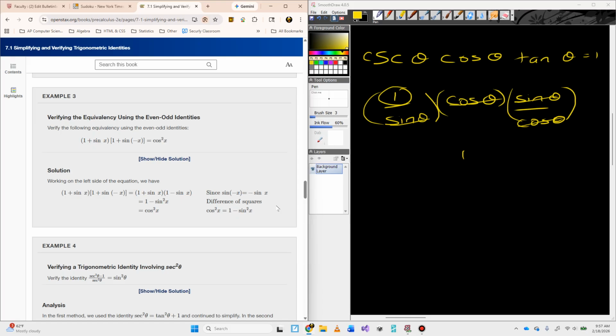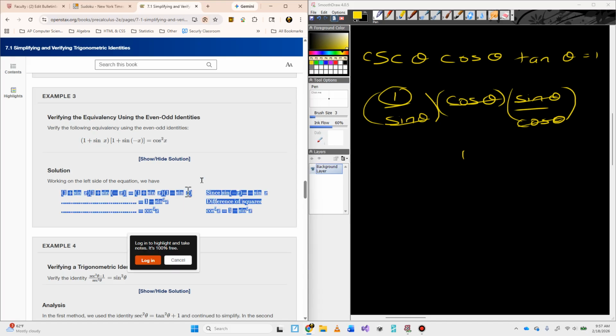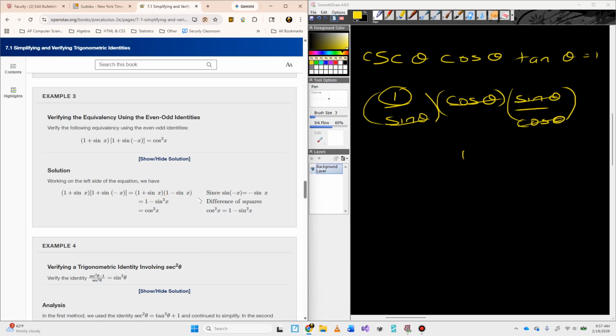I can therefore look at this and go, well, this is in fact a difference of squares. And that's something that math is now expecting you to see. They are expecting you to see these patterns that we've learned in the past, especially with Algebra 2. You're supposed to look at that and go, oh, that's a difference of squares. And so I can rewrite that as 1 minus sine squared x.